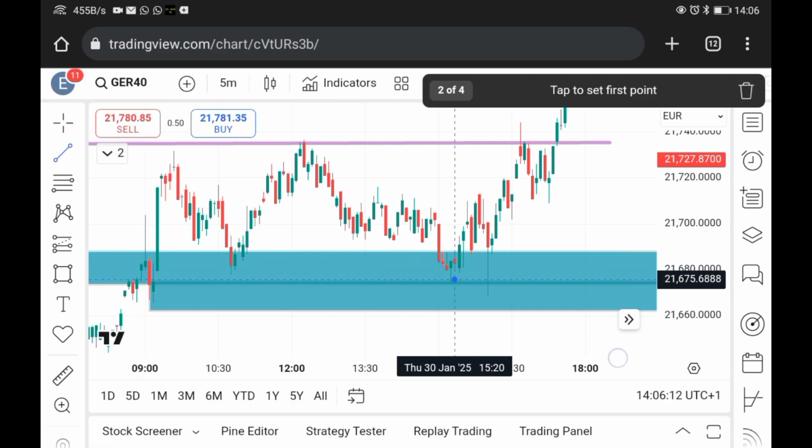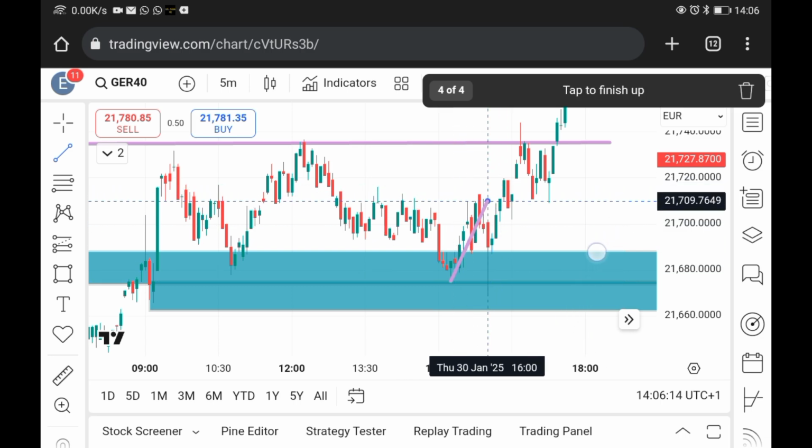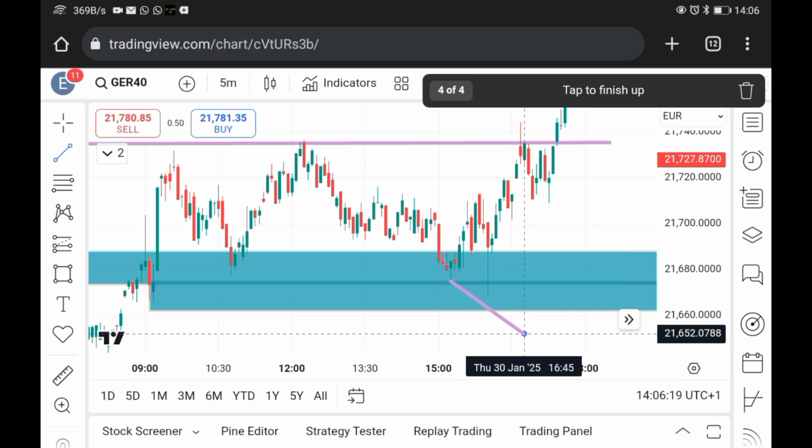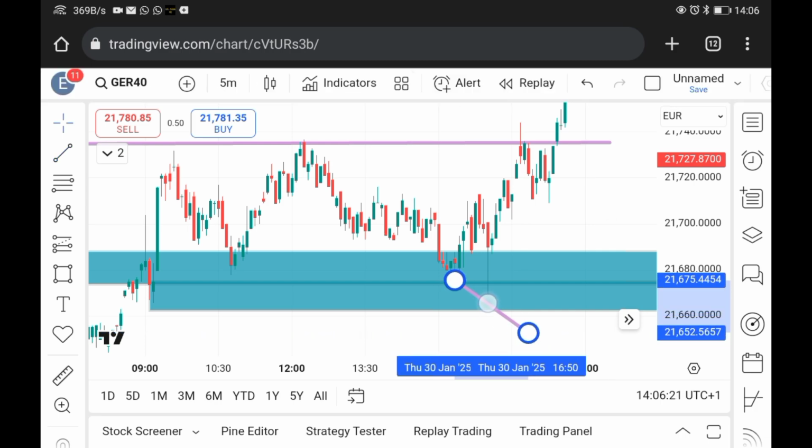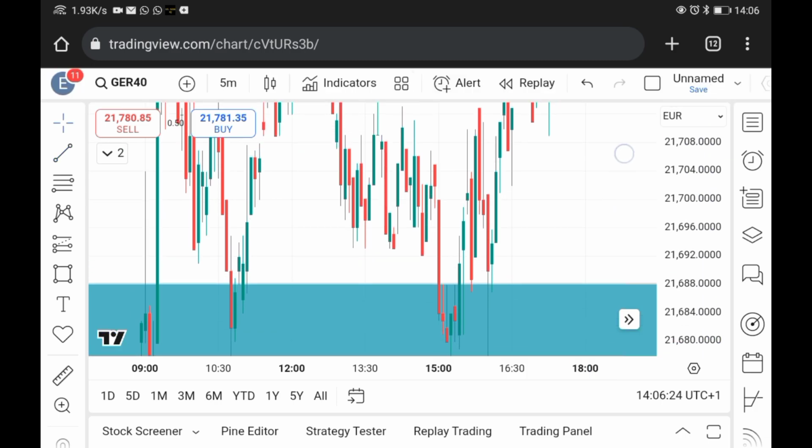So what happened is there was a trend right here. There was a trend, but this candle, let me zoom because there's a candle here.